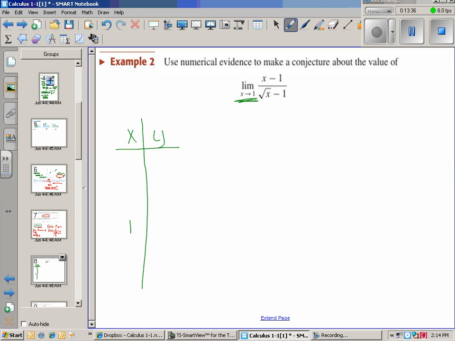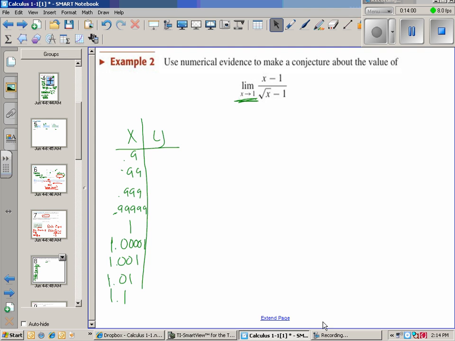So we're looking at numbers that are greater, like 1.00001, 1.001, 1.01, 1.1. So we want to get infinitely close to 1 in this case, from the top, as well as from the bottom, and see what's happening.